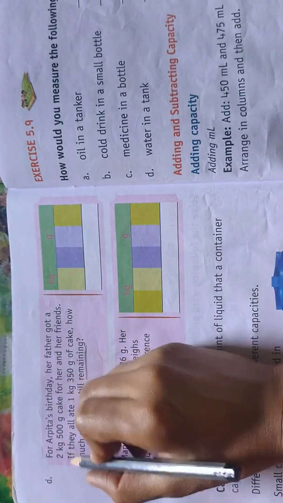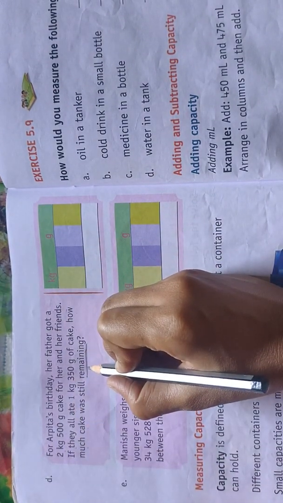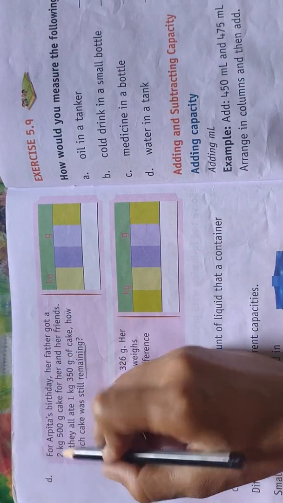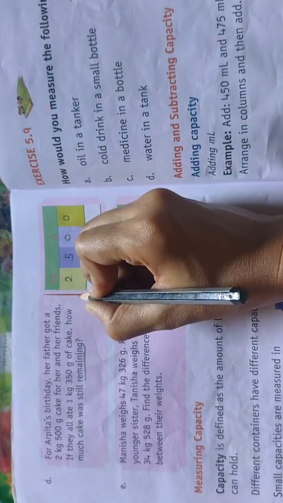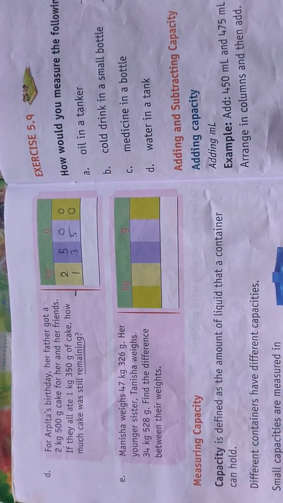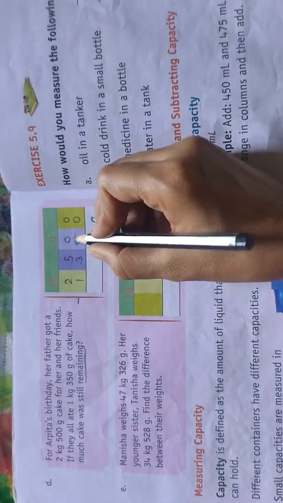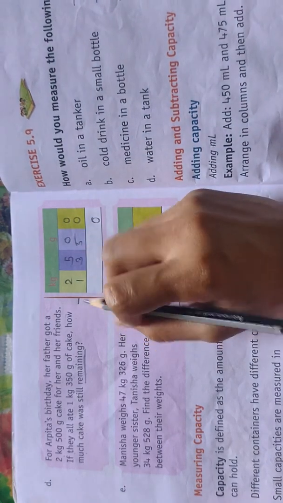So we'll write the values as per the column. As the keyword remaining is there, so what will you perform here? Subtraction, right? So put the values, 2 kgs 500 grams minus 1 kg 350 gram. So starting from ones column, 0 minus 0 is 0, 0 minus 5, as 0 is smaller than 5, so we have to take a borrow from the next.